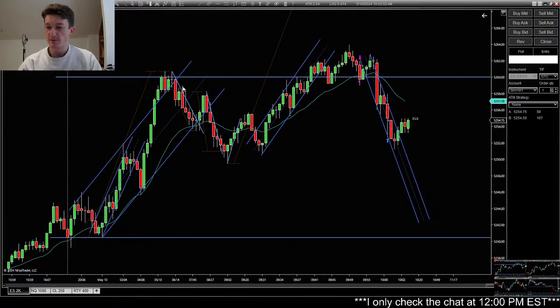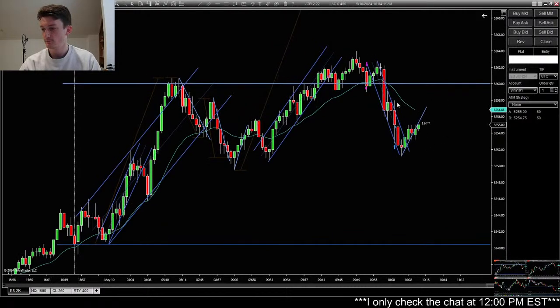Everything's playing out kind of how I expected on the ES. Uptrend, break a new high. Now we've got this downtrend here. Expecting there could be a second leg down. Could be a short opportunity, the second leg down.